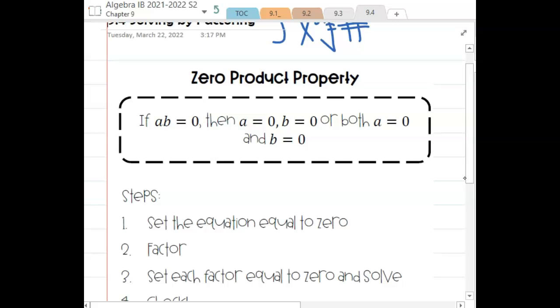But one of them has to be 0. There's no other possible way you can multiply two things together and get 0, unless one of them is 0.